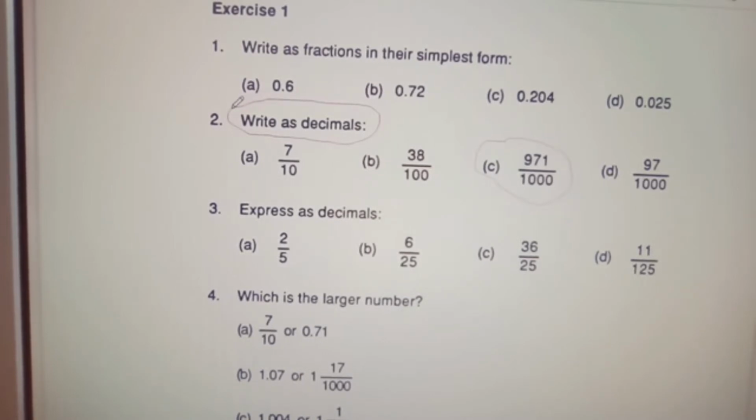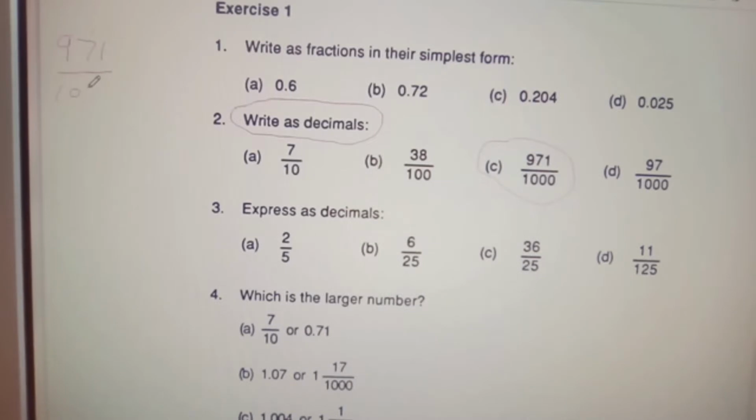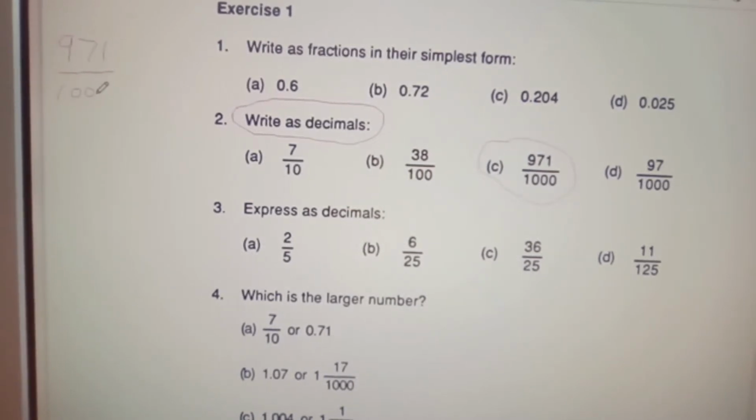Okay, so let's take it from the top. 971 over 1000. Now we need to bring that to a decimal.